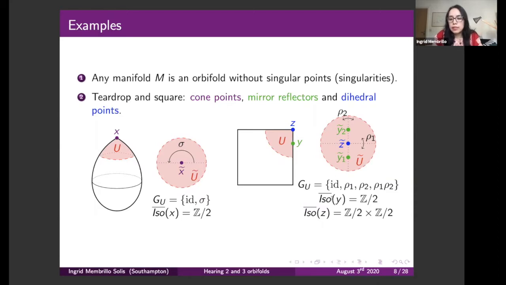So in this case, the abstract isotropy type of Y will be Z mod 2. As you can see, in this case the abstract isotropy type is independent of the element in the preimage that I'm looking at. Okay, so these are two very basic examples that allow us to see some of the definitions that we gave before.